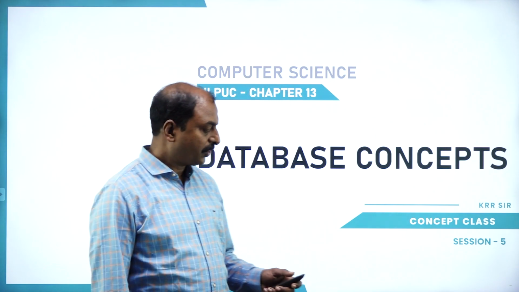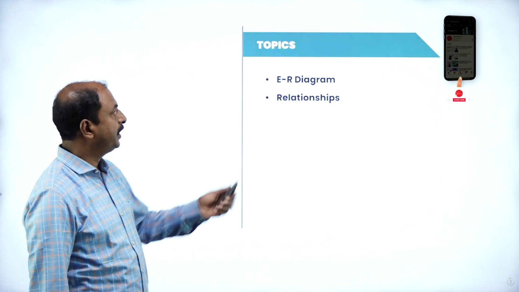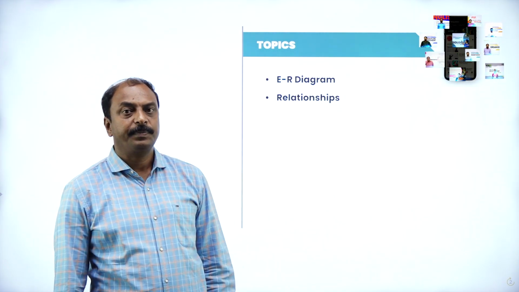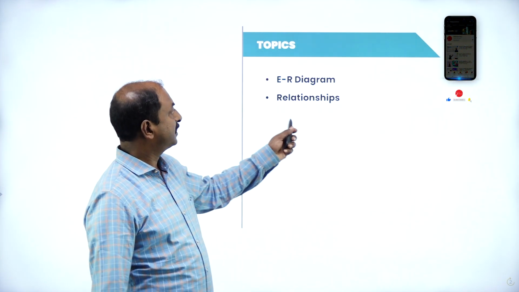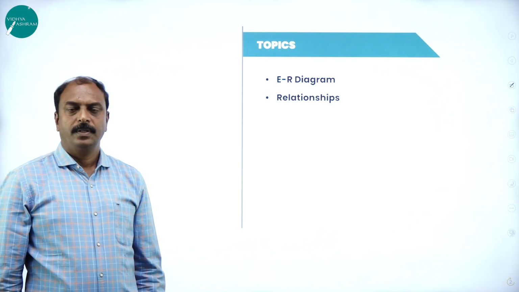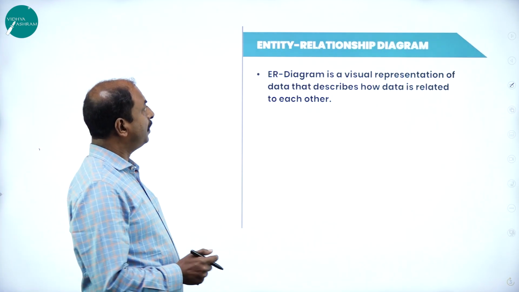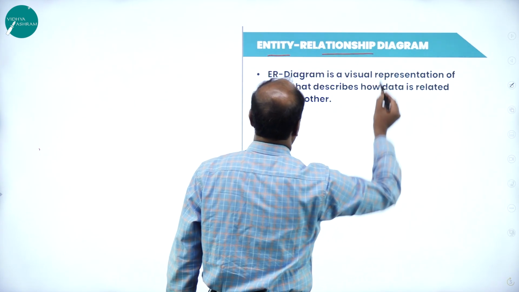Friends, let us start our discussion with the topics ER diagram and relationship. So, with respect to database and database management system, let us discuss these concepts. Now, what is ER diagram? ER diagram stands for Entity Relationship Diagram.